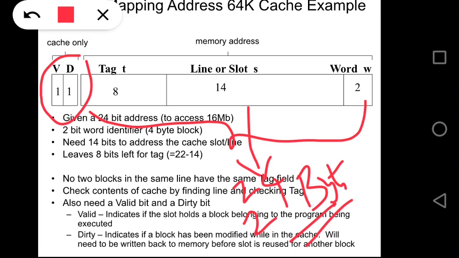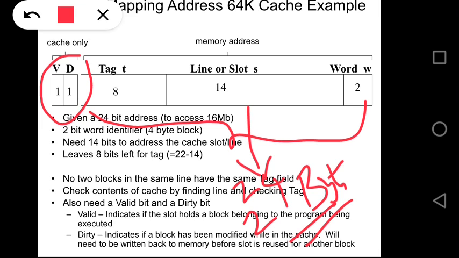Now we also need a valid bit and a dirty bit. What do the valid bit and dirty bit mean? Valid indicates if the slot holds a block belonging to a program being executed.